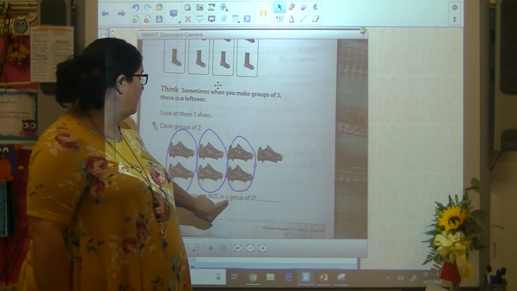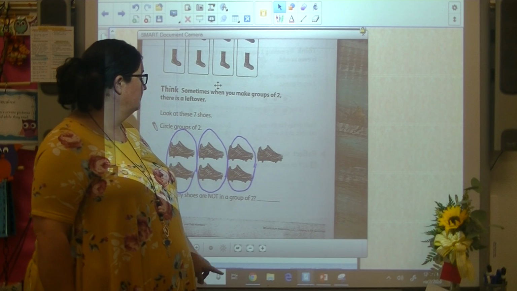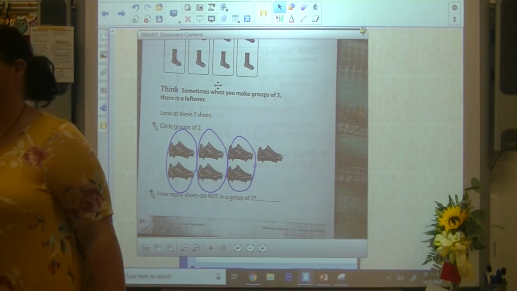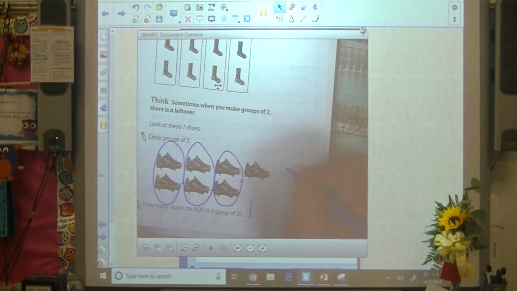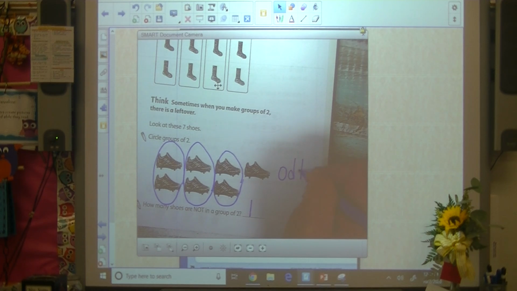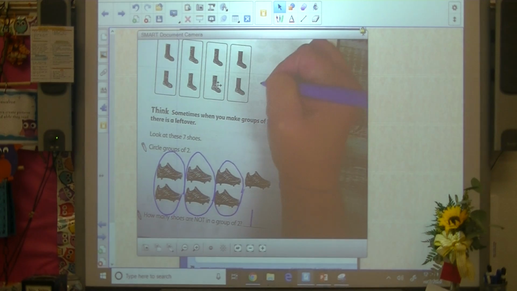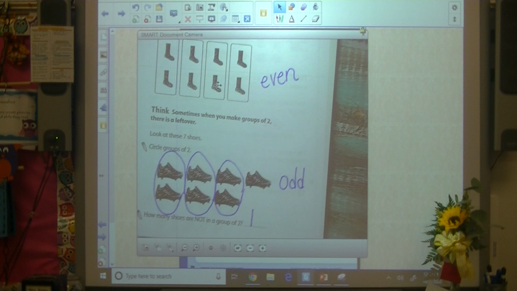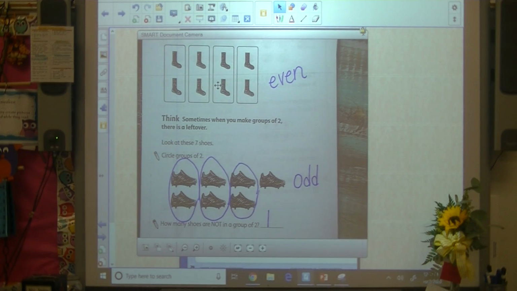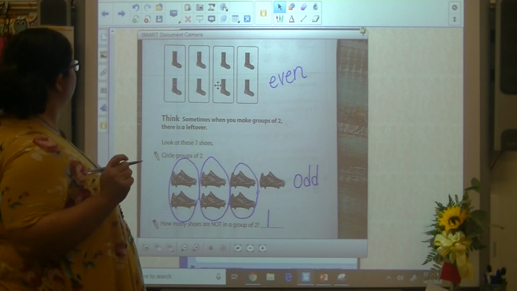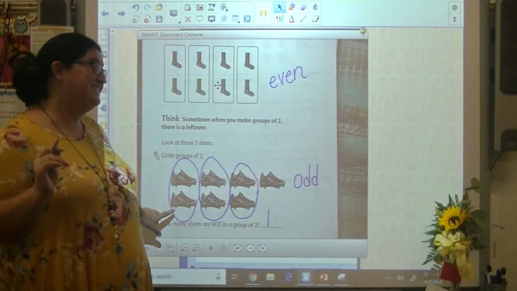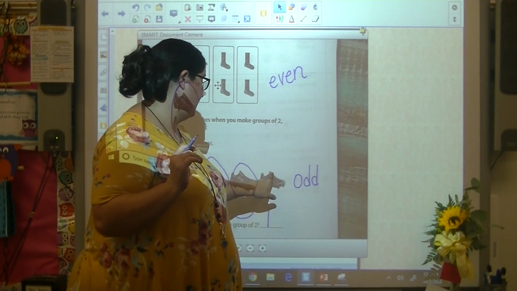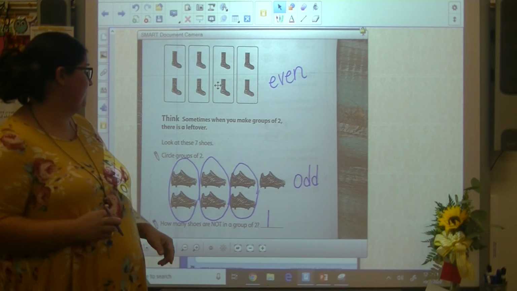How many shoes are not in a group of 2, guys? 1 shoe. So there's 1 shoe not in the group. And this shows odd. So 8 is even, but 7 is odd because I have 1 left over that won't make a match.